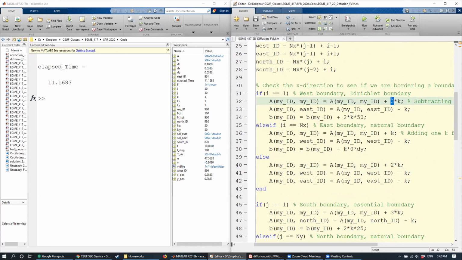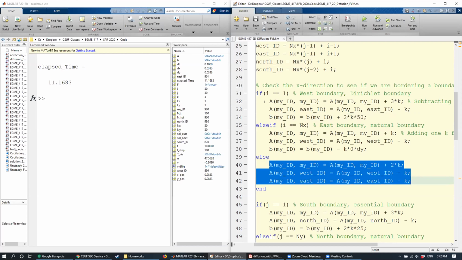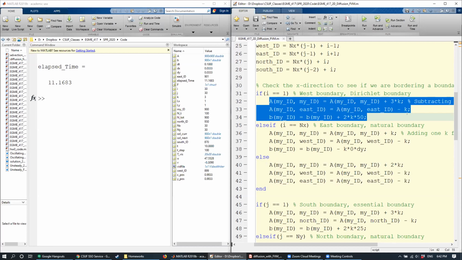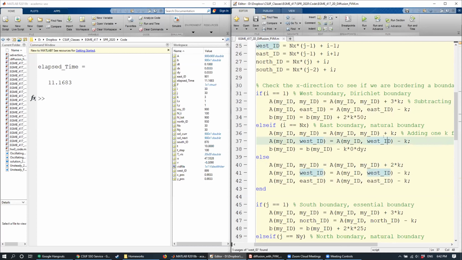Just like before, we increase the coefficient for ourselves by 1, and then you bring the Dirichlet boundary condition to the right side. That covers our base case for the east and the west integrals, and also the condition for our Dirichlet on the west side. On the east boundary, we have a Neumann condition.